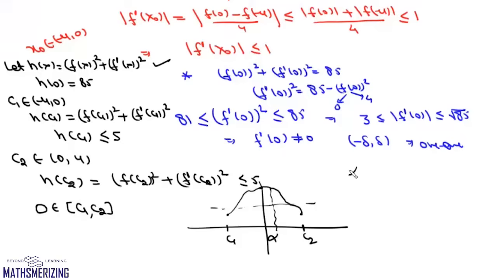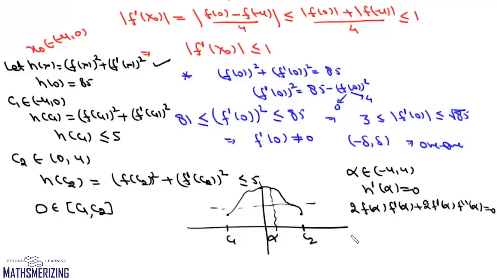So there will exist a point alpha in the interval minus 4 to 4 such that h dash alpha is 0. Now h dash alpha will be 2f alpha into f dash alpha plus 2f dash alpha into f double dash alpha equals 0. Now we take 2f dash alpha common, then f alpha plus f double dash alpha will be 0.